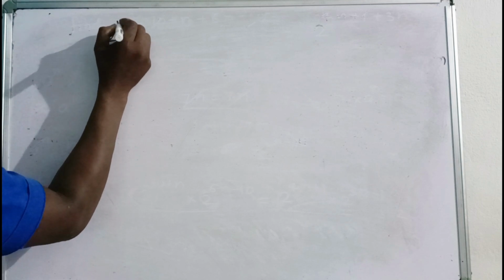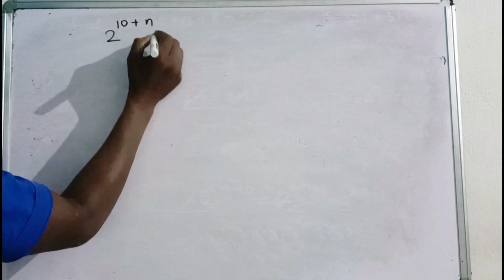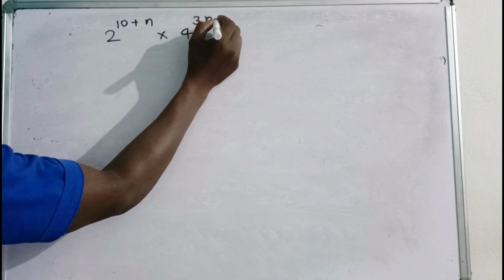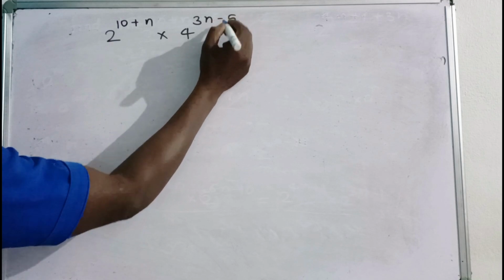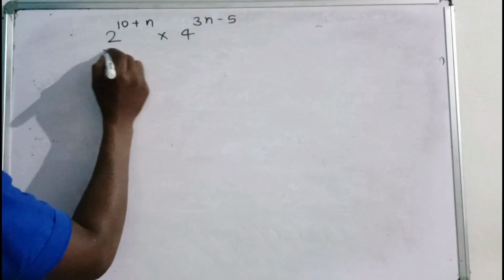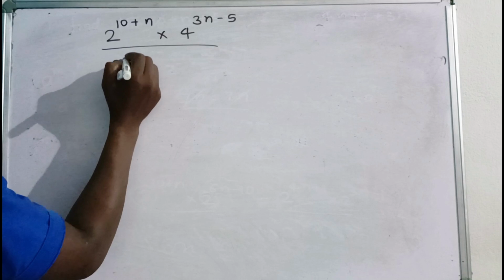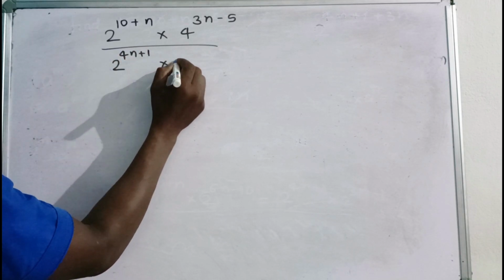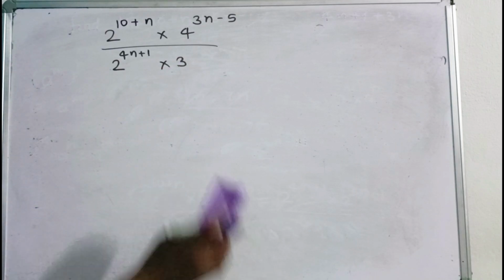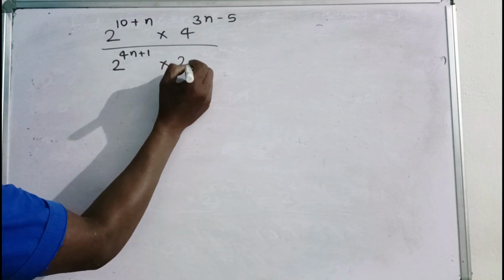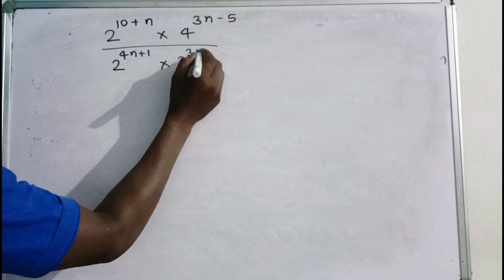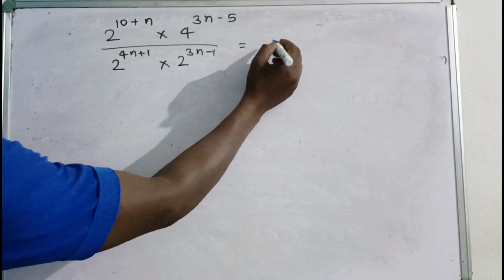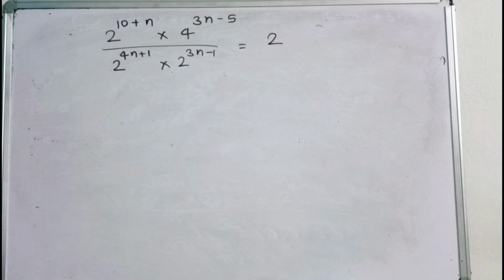2 raised to the power 10 plus n into 4 raised to the power 3n minus 5 divided by 2 raised to the power 4n plus 1 into 2 raised to the power 3n minus 1 into 2 is equal to 2.